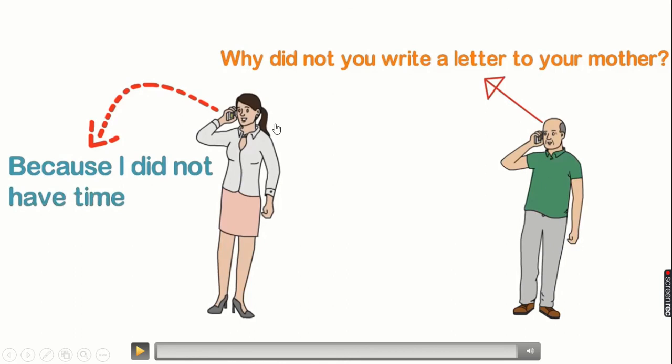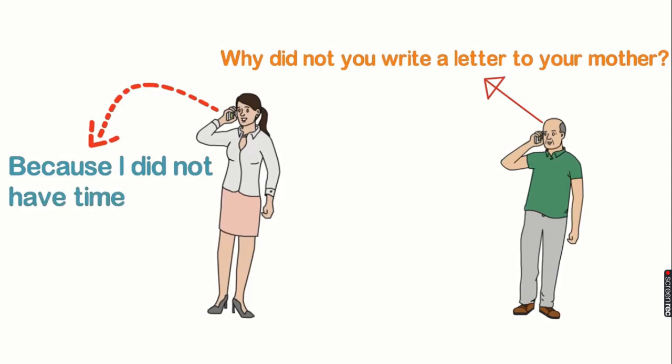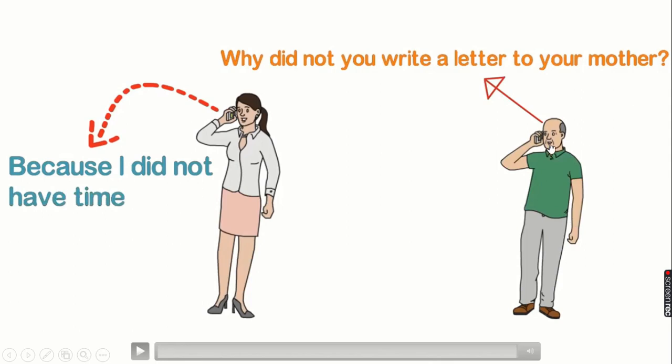So dad was calling the daughter, the very busy daughter. Is she still a child or already an adult? Right, she's an adult. I'm pretty sure she's working already. How about this man? Is he an adult or is he already under old age? Old age, that's right.